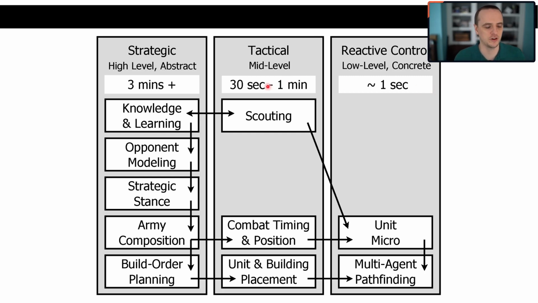For example, in this diagram, which I made for my PhD thesis years ago, it shows all the different problems that you have to solve in a StarCraft AI system. And not only that, but it categorizes those problems by the time scale at which they occur in the game.